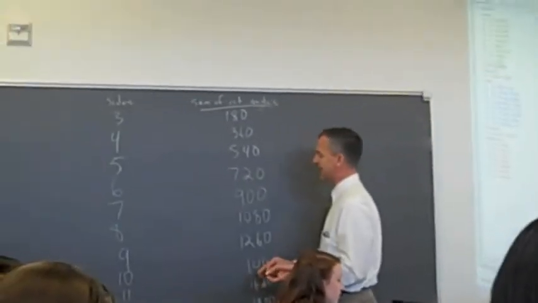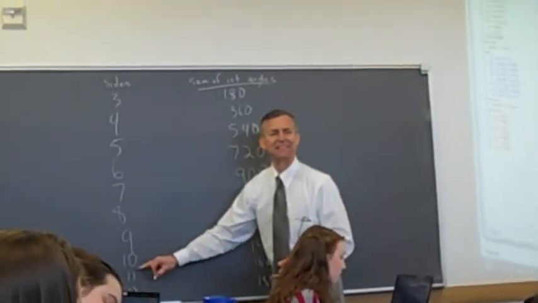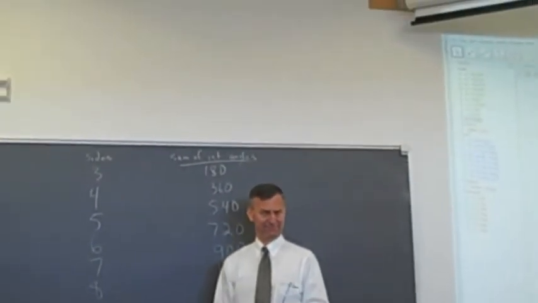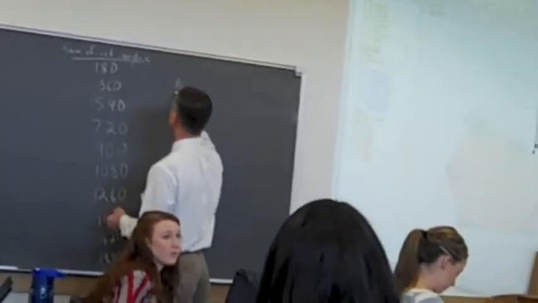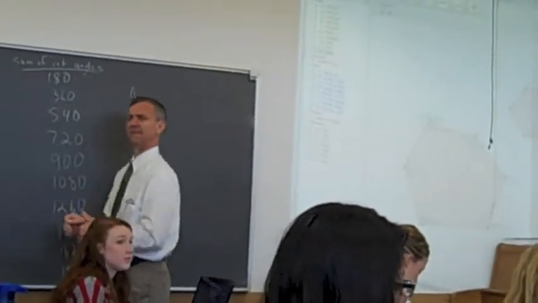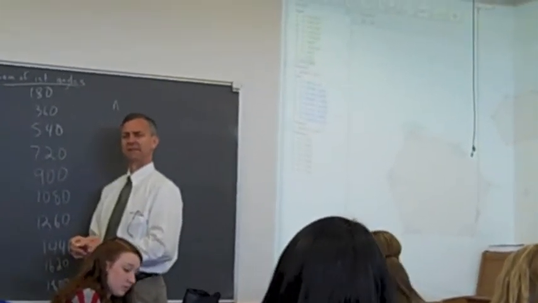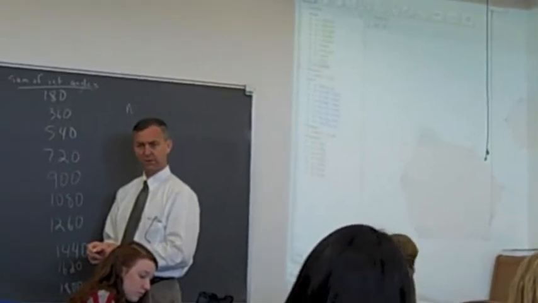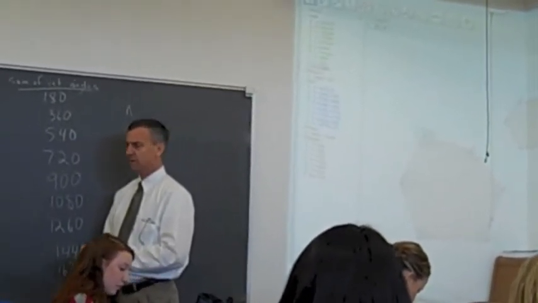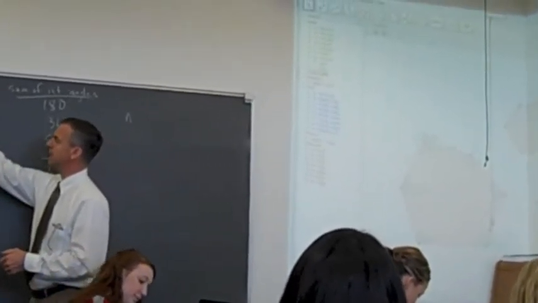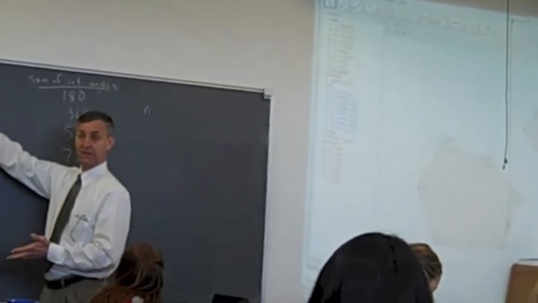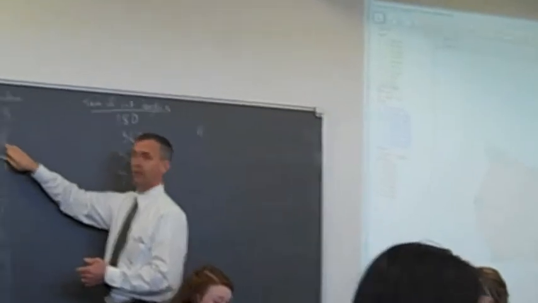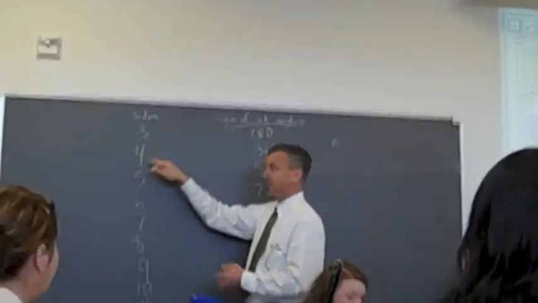Now, what if I had n sides? It would be n sides, minus 2, times 180. So if you took 3 minus 2, you get 1. 1 times 180 is 180. 4 minus 2.